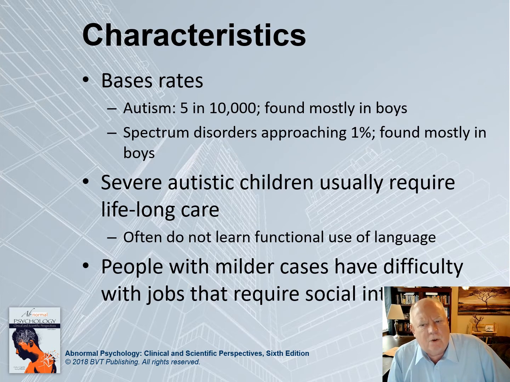The base rates for these disorders vary dramatically. The severe form of autism that we've recognized for decades is at most found in only 5 in every 10,000 people. Now, some references and some studies suggest it may be even lower than that, 1 or 2 in 10,000.